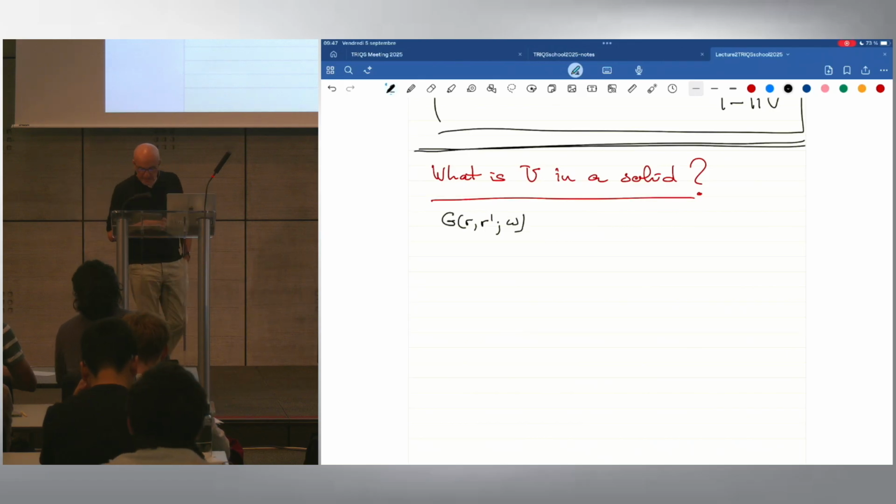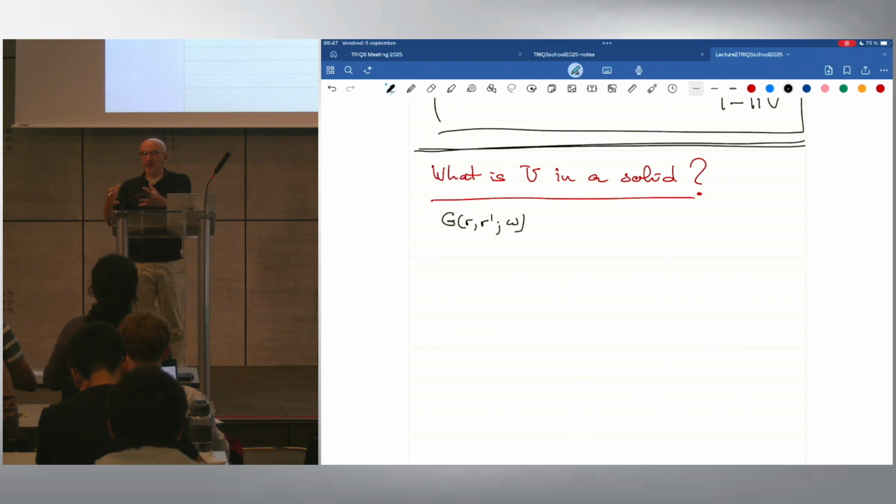Right? And you tell me which localized orbitals I'm going to choose to describe my correlated subspace.